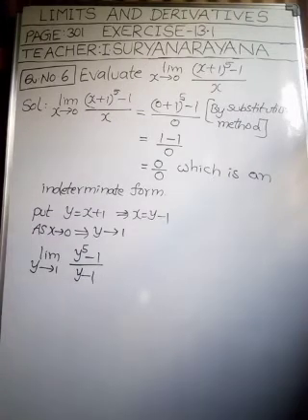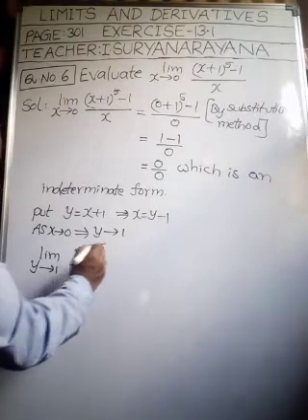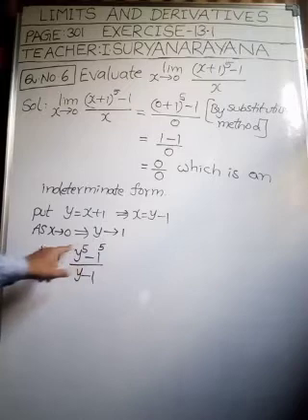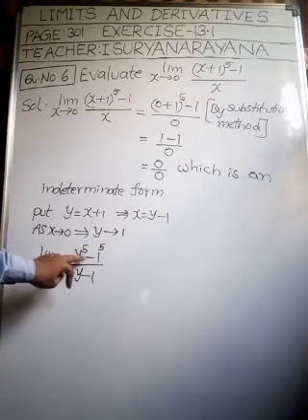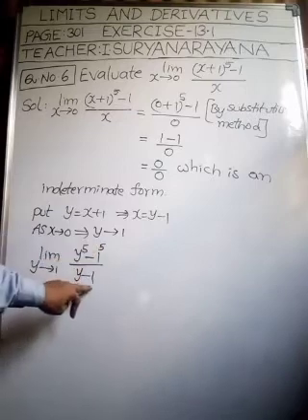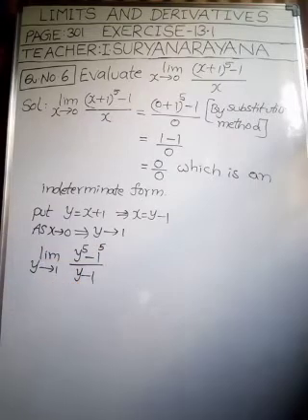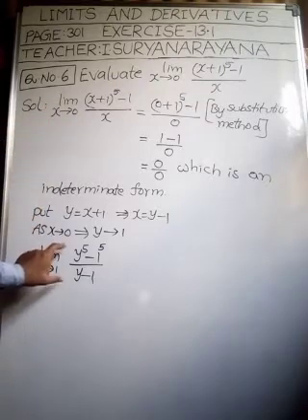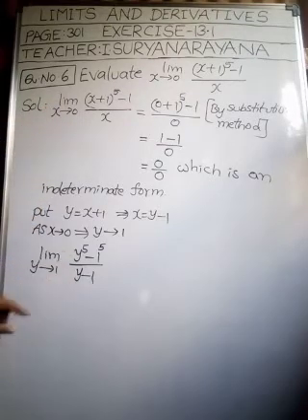Right. Here, 1 can be written as 1 power 5 or not? Yes. So, if you observe this limit, this function is in the form of x power n minus a power n by x minus a, isn't it, my children? So the given question is transformed into a standard limit as x tends to a.